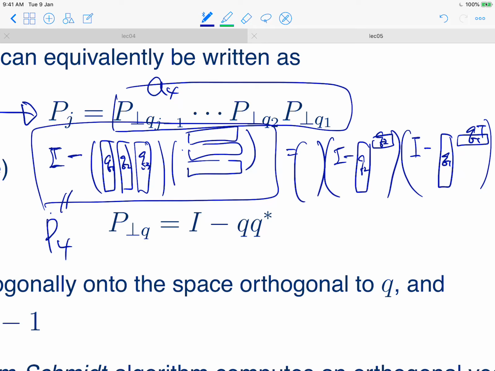So in this case, it can be viewed as consecutive projections onto complementary subspaces.